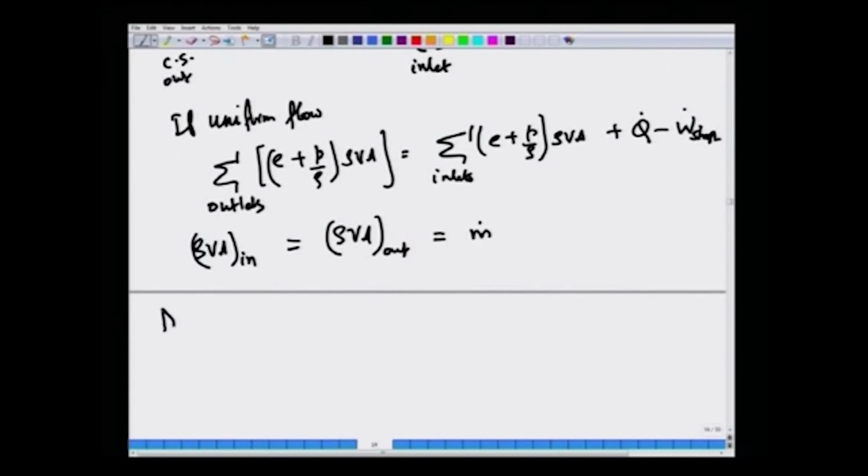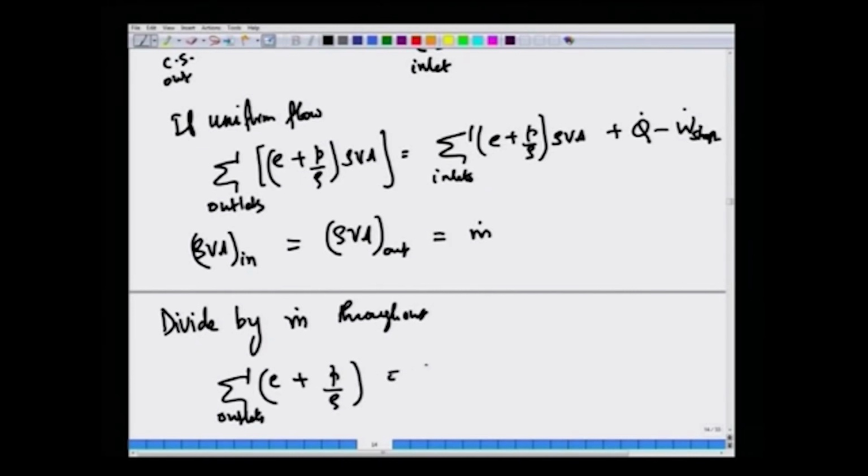So, if I divide by m dot throughout, I get the summation over outlets of (E + P/ρ) is equal to the summation over inlets of (E + P/ρ), plus Q dot by m dot minus W dot shaft by m dot.